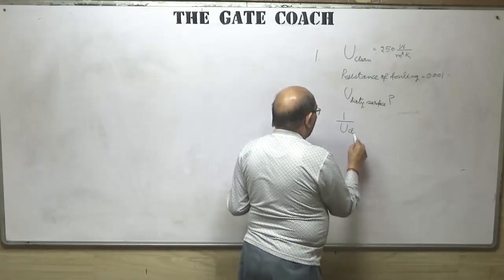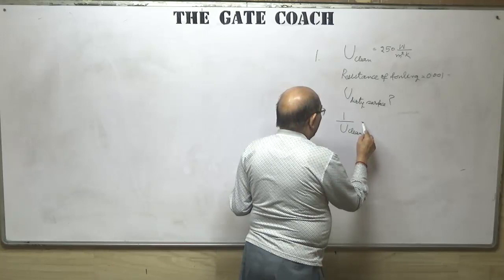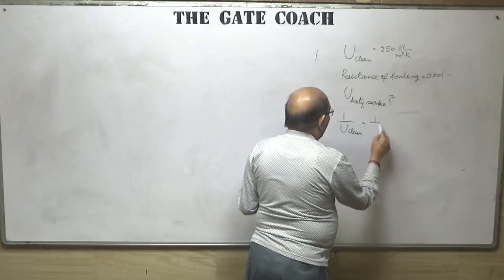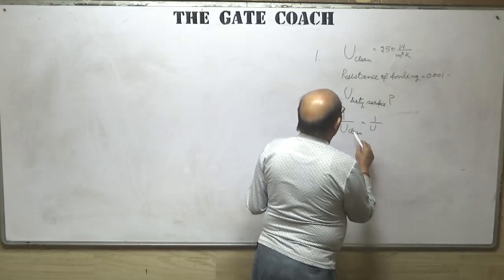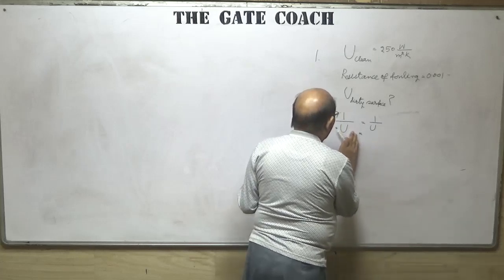One upon U clean is equal to 1 upon U dirty, we have to calculate.